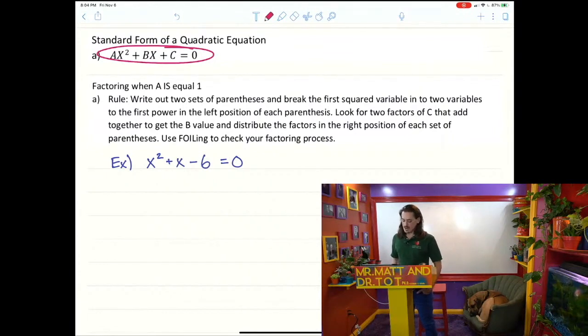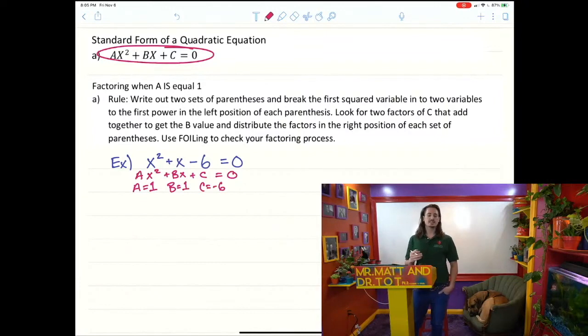So for example, I have x squared plus x minus 6 is equal to 0 here. So this is in the form of ax squared plus bx plus c is equal to 0. So technically a here is equal to 1, b here is also equal to 1, c is equal to -6.